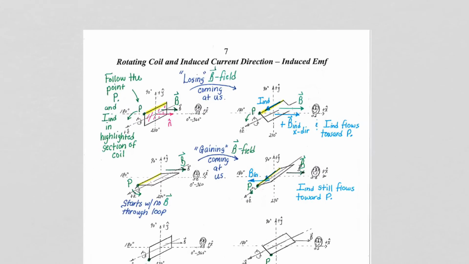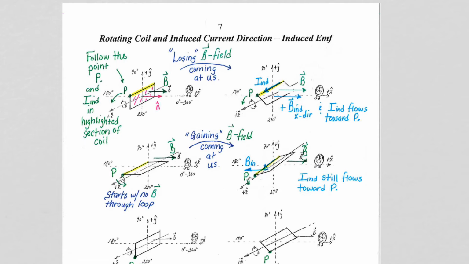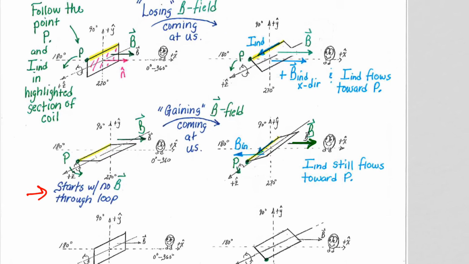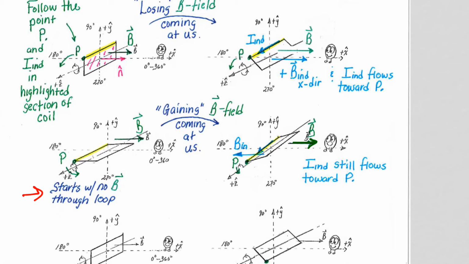All right, so when we begin to see flux coming at us, remember, nature wanted to keep it with no flux. So it's going to fight that change by making flux in the opposite direction, but that doesn't change the direction of the current.